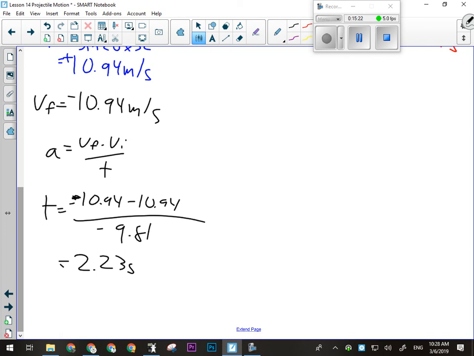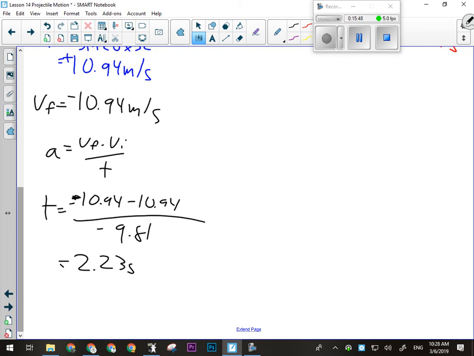But that's because, yes, you're right. I made everything positive, sort of, okay? I didn't really, but just to make it easier on the calculator instead of having to write it all. Yes, you could just multiply this number by 2 and divide by 9.81, but I shouldn't have shortcutted. I just forced a habit that I did that. Realistically, I should have done it like this: negative 10 minus 10 over negative 9.81. Okay, I just knew it would come out to the same answer when I did it.